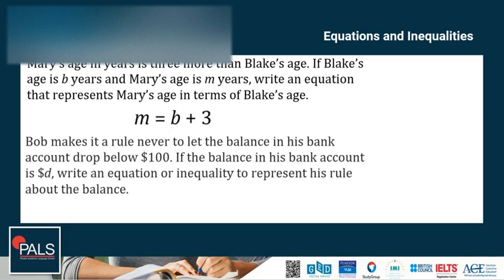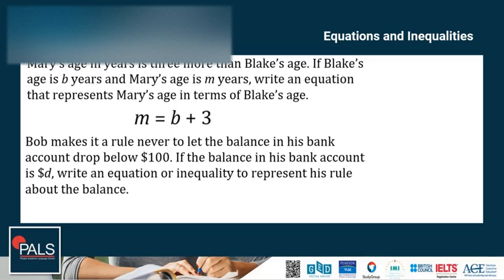Another example, Bob makes it a rule never to let the balance in his bank account drop below $100. If the balance in his bank account is D dollars, write an equation or inequality to represent his rule about the balance.